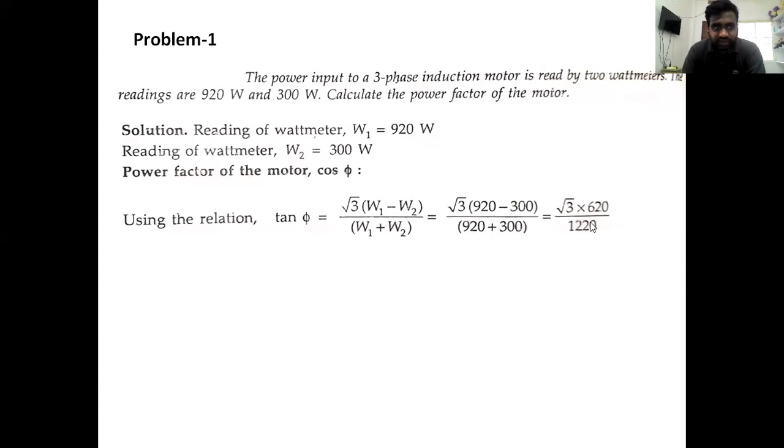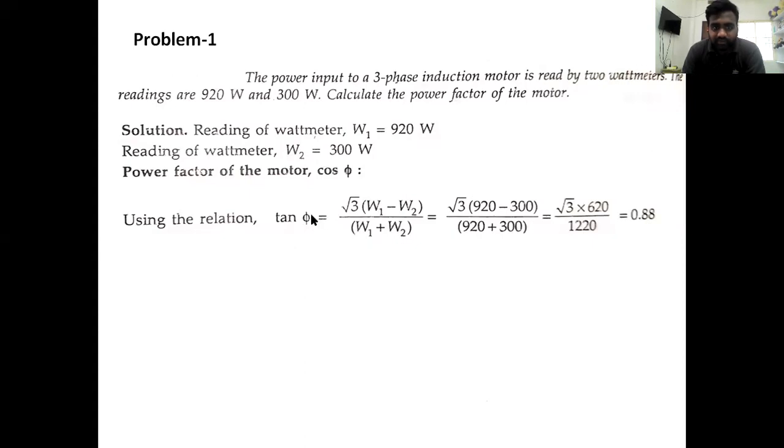Right, just three to four people responded. The angle is around 41.34 degrees. Tan phi is equal to 0.88.